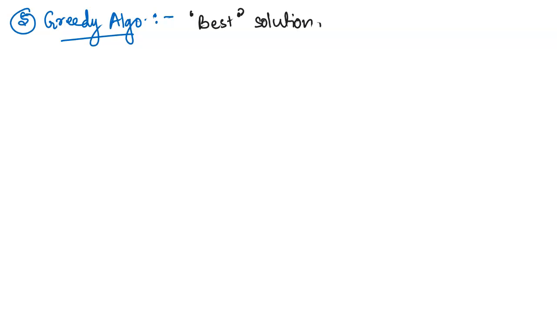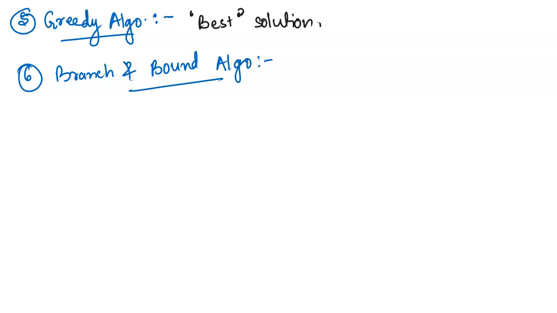Now let us see the sixth type of algorithm, the branch and bound algorithm. These are generally used for optimization problems.